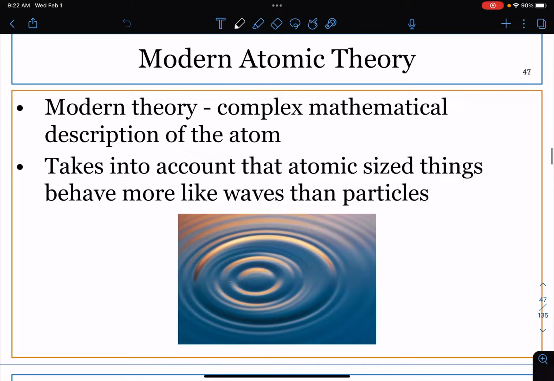Modern atomic theory is based on complicated mathematical descriptions and equations of the atom, and it takes into account that atomic-sized things behave more like waves than particles. So as we learned about waves in our discussion on light and the electromagnetic radiation, electrons also behave like waves, and this is what we'll talk about today.